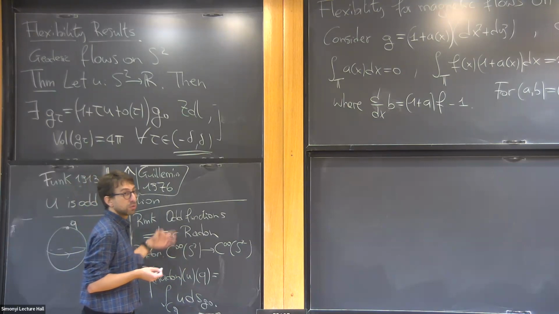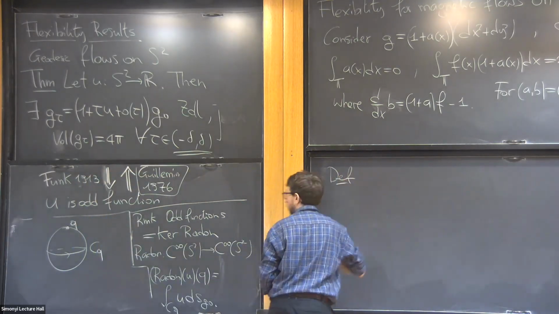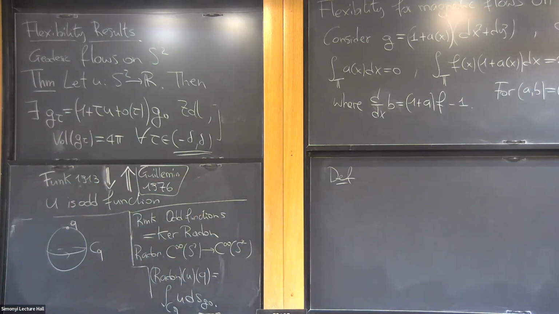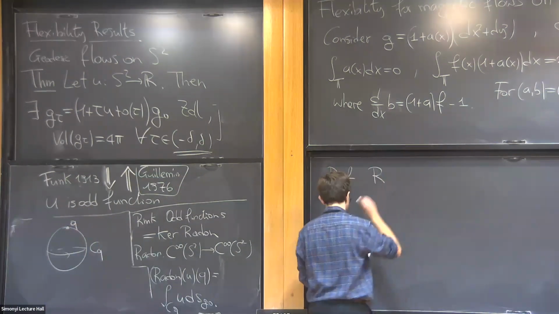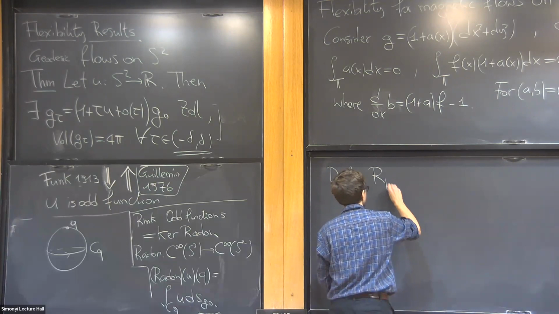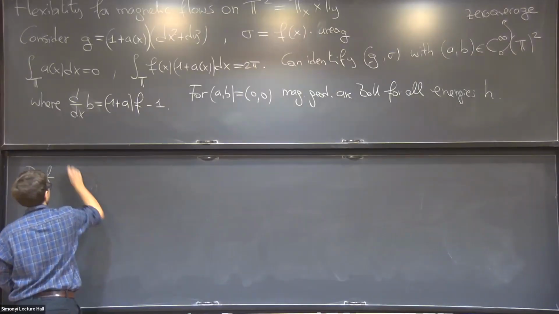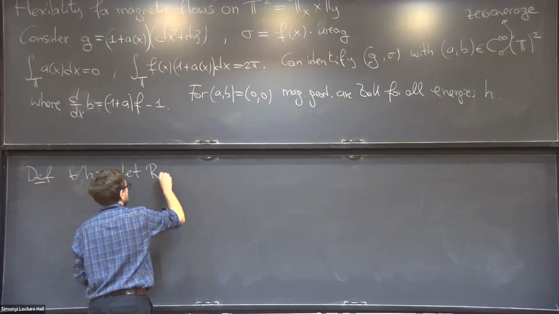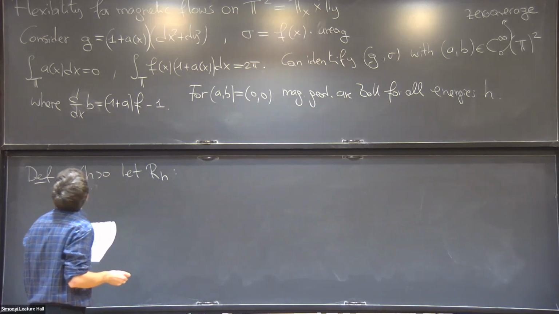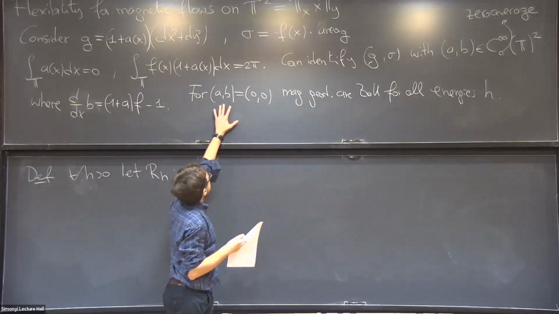So now what I'm doing is just putting formulas to this principle. We define this magnetic Radon transform, which depends on H, the energy. So R_H, and now the input of my R_H will be the tangent space of this (A, B).